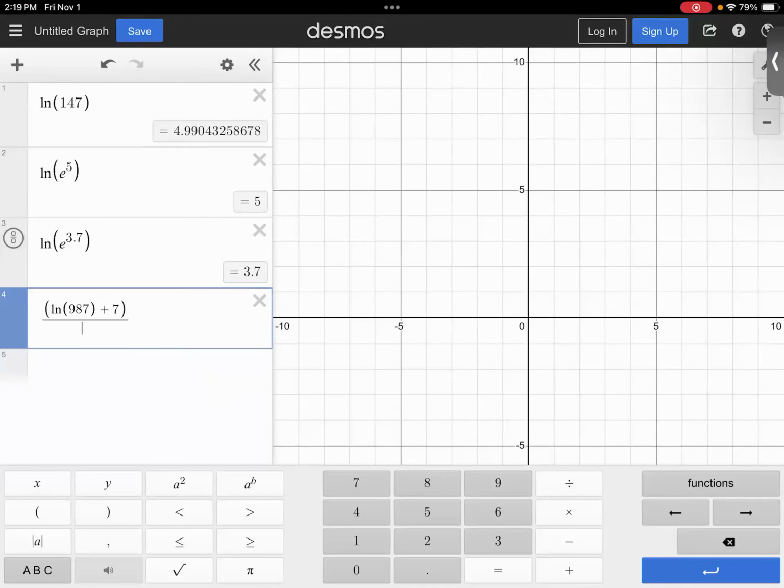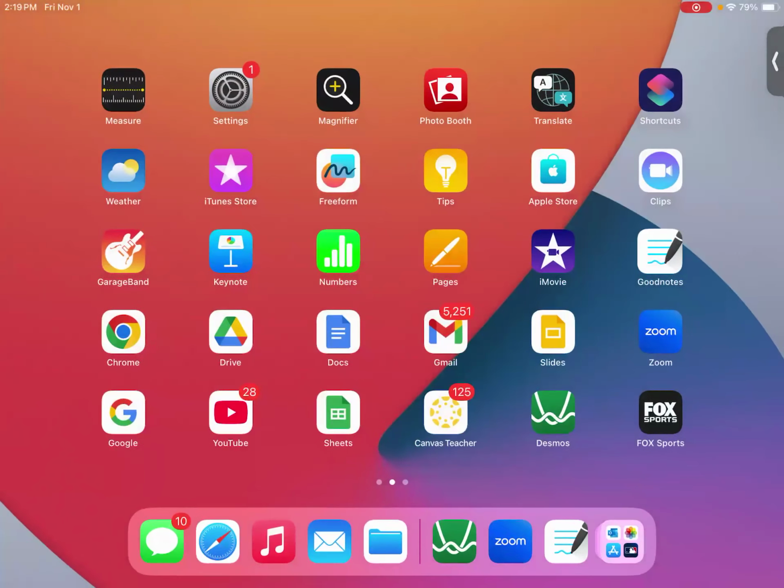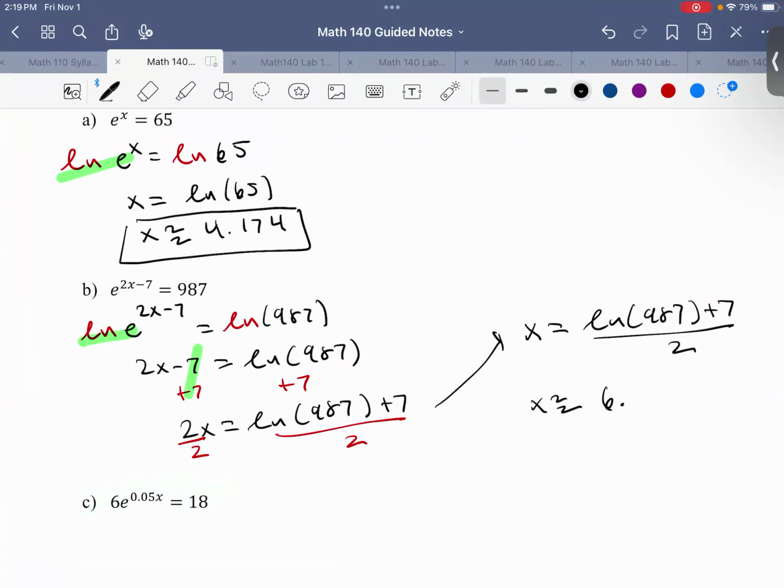Divided by 2. And we get 6.9473. Okay, let's go ahead and write that in the notes. So I get 6.9473. And then that's my solution.